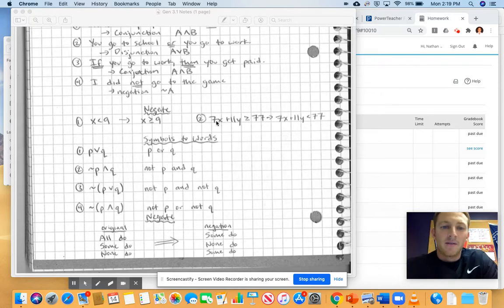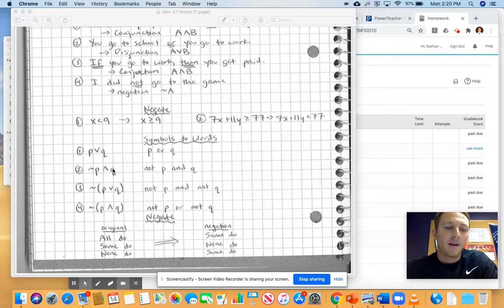Same kind of idea here. If we have 7x plus 11y is greater than or equal to 77, the negation of greater than or equal to would just be less than. And then we're moving some symbols into words. So we have P or Q, right? Because it's the disjunction. It's almost like an upside down U for union, one or the other.